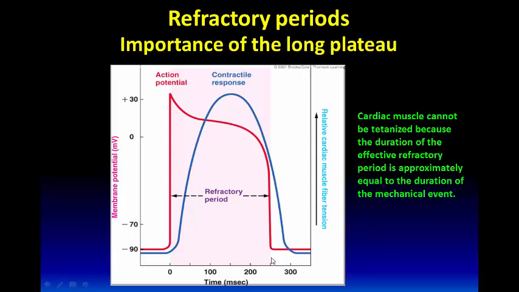It will respond to another stimulus only when it has finished with systole and has begun diastole. And this is important because the heart should not respond to another stimulus unless it has undergone some diastole and gotten filled with blood.